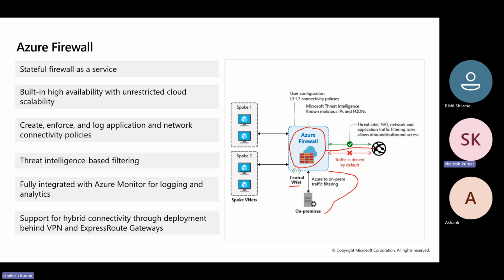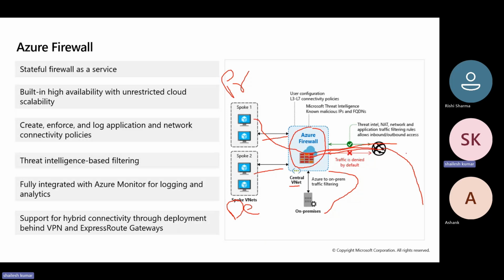And the same central VNet also has connectivity to other Azure networks, like this is a production network and this is your development network. So any traffic generated from the production network must go through the firewall to internet. Similarly, any traffic coming from internet must go through the firewall.